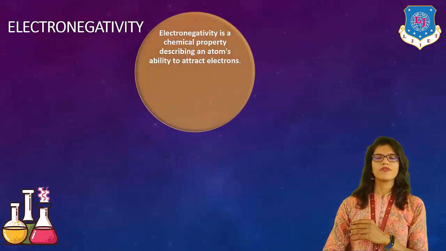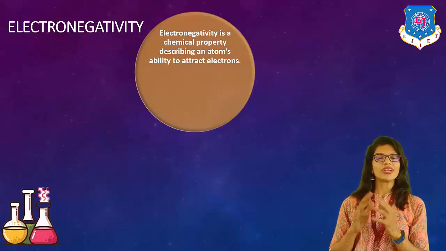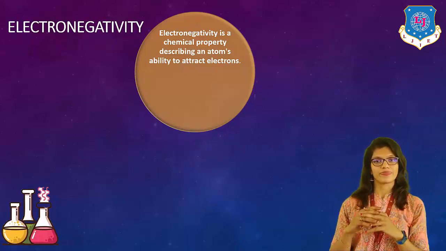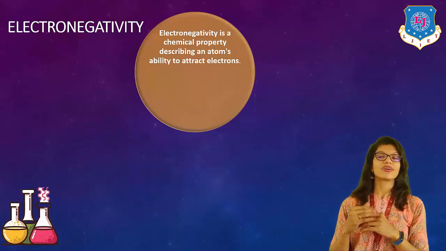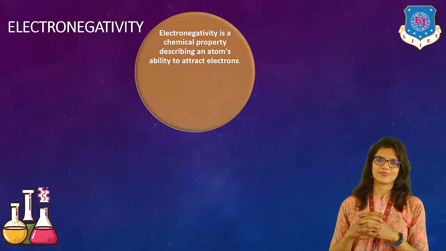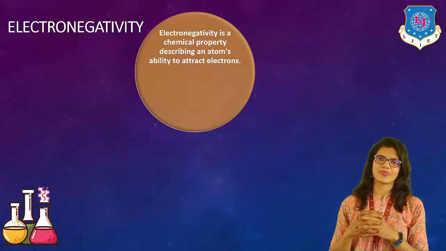Now, our first one is electronegativity. So, what do you understand by electronegativity? Electronegativity is the ability or a chemical property of an atom to attract the electron towards itself.